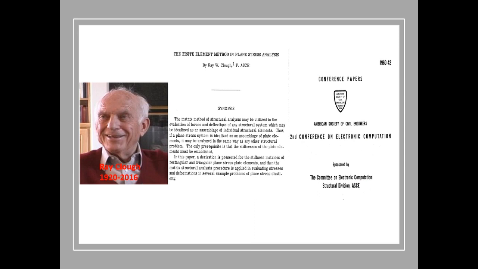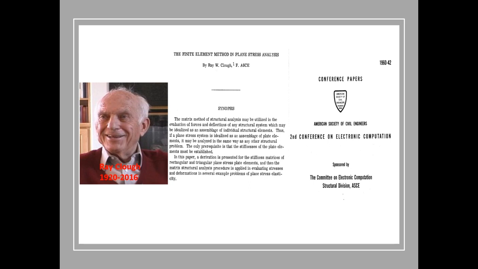Professor Ray Clough of the University of California, Berkeley, coined the terminology finite element method in his paper presented at the Second Conference on Electronic Computation in 1960. He summarized the formulation of the in-plane two-dimensional constant strain triangular membrane element. The paper came as a result of collaboration between Berkeley and Boeing to simulate the experimental behavior of wing structures.